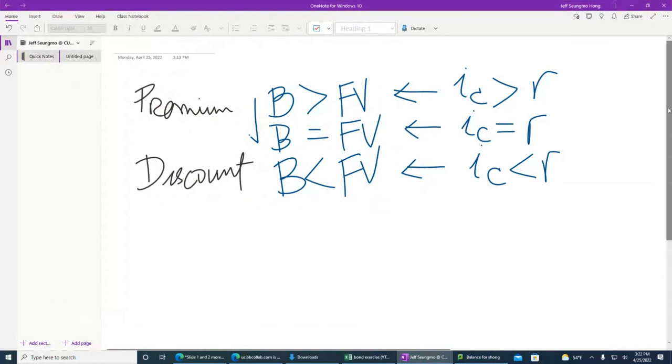In other words, they never tell you straightforward that this is the discount rate. And then how is it worded?